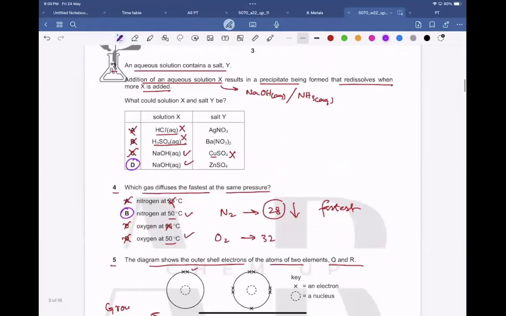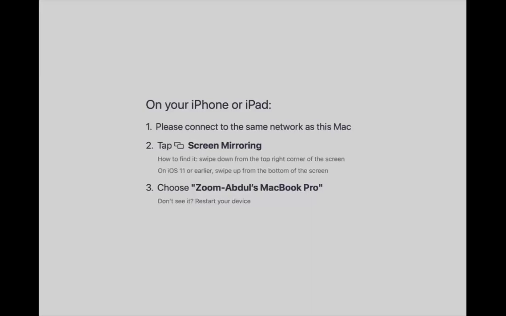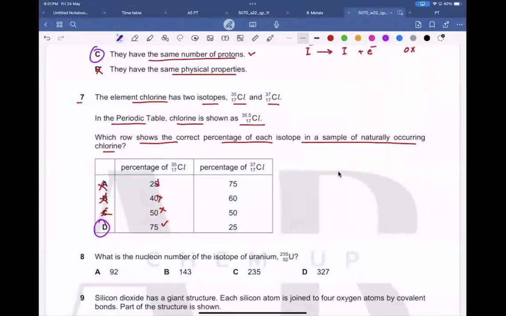And if chlorine 35 is 75%, so chlorine 37 would be 25%. So that's what I have told you, that you have to remember the isotope abundances of chlorine 35 and chlorine 37, right?